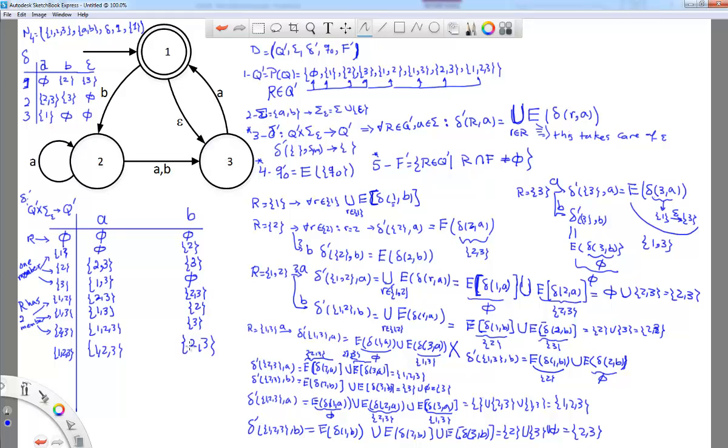And then also after I did the transition, I saw if there were any outgoing epsilon transitions, and these epsilon transitions I represented by taking the epsilon arrows for the E's.